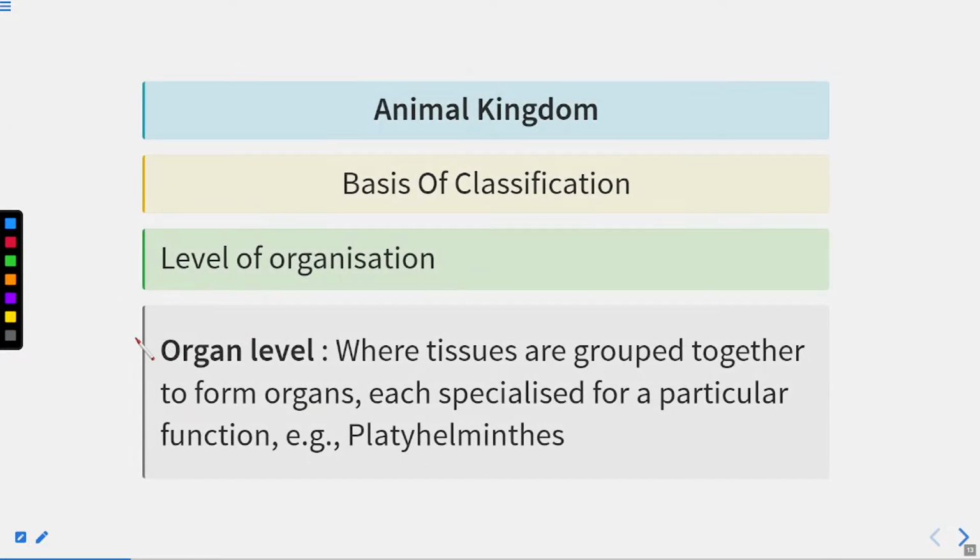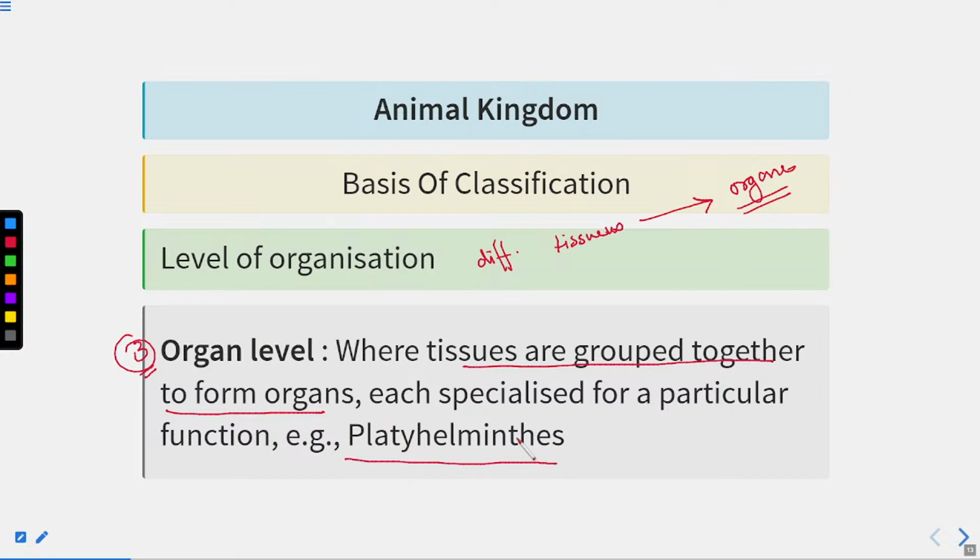Moving to the next type, that is the organ level, where tissues are grouped together to form organs. Different tissues unite together to form an organ. So we can see different organs in Platyhelminthes. Here the tissues are grouped together to form organs and each is specialized for a particular function.